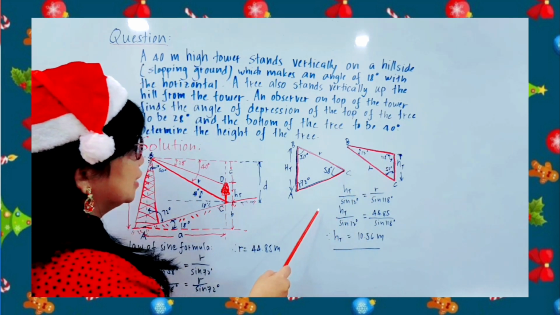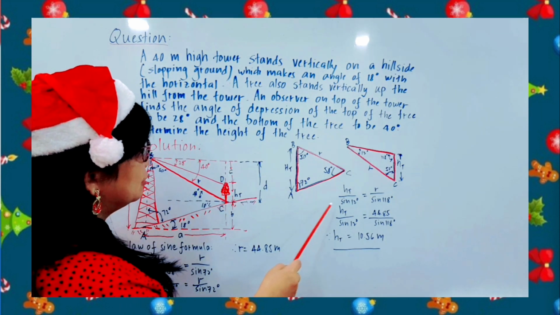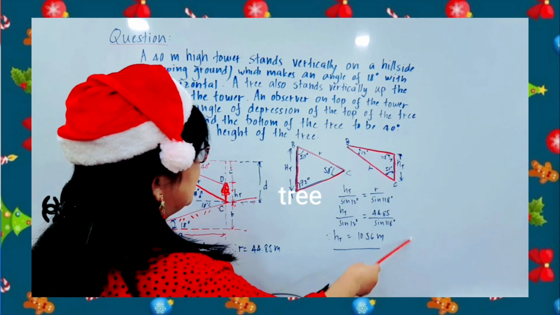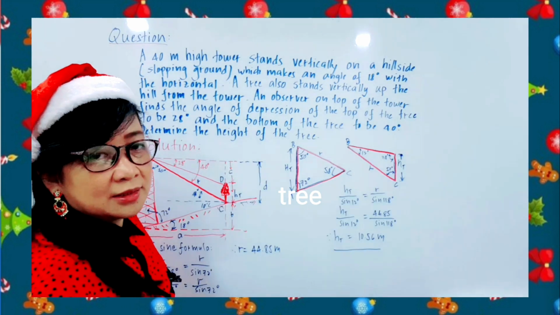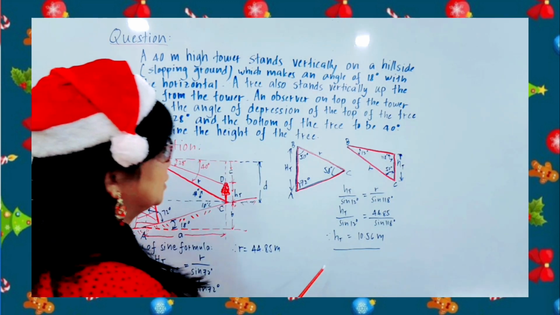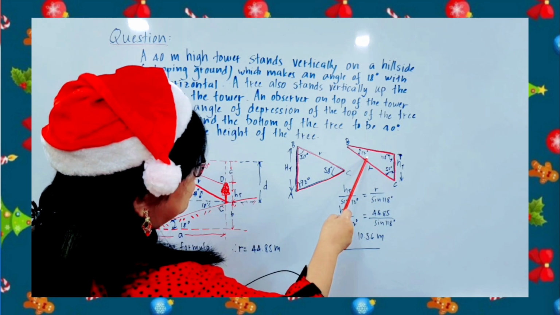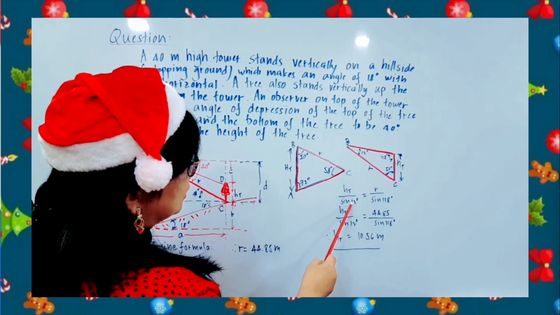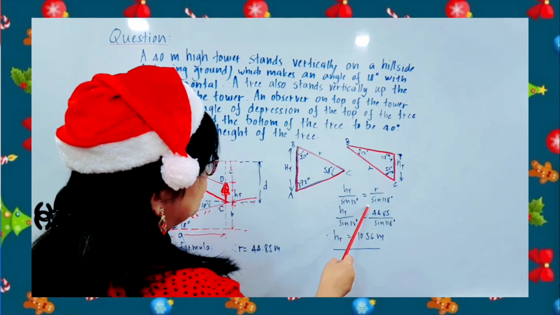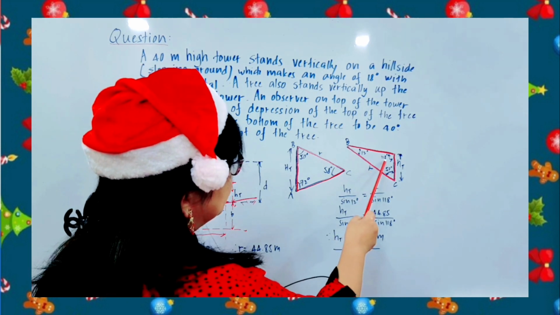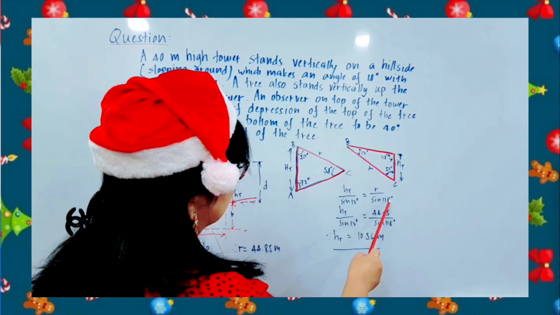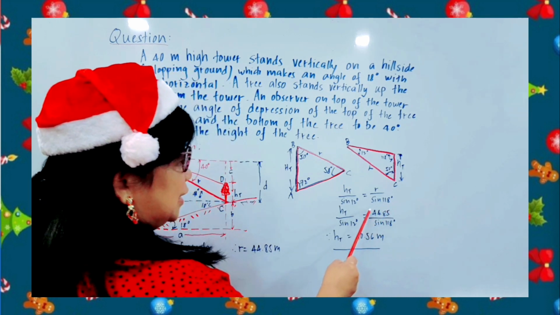Now, therefore, here we can solve now the height of the tree, again using the law of sine formula, which is equal to the height of the tree over the opposite angle, which is equal to 12. So, sine 12 degrees is equal to R over the opposite, which is equal to sine 118 degrees.